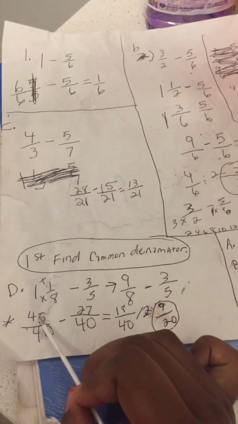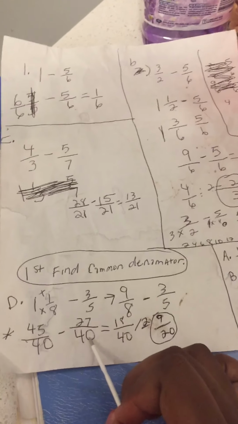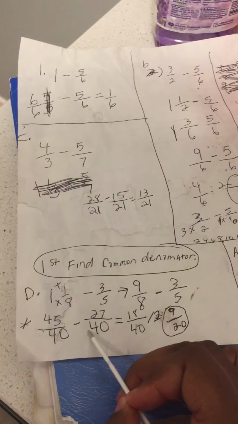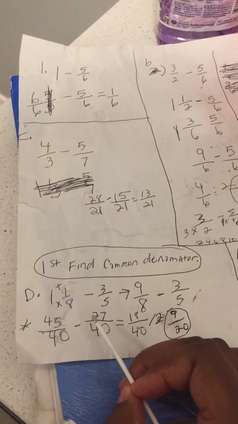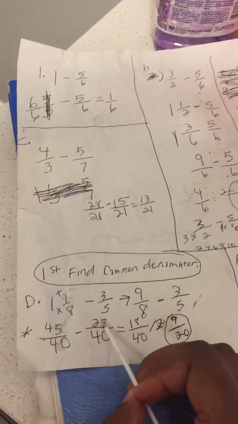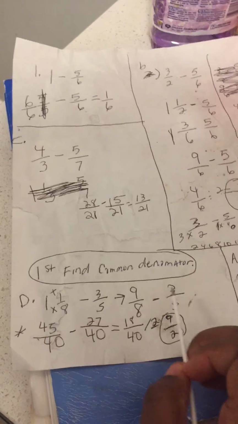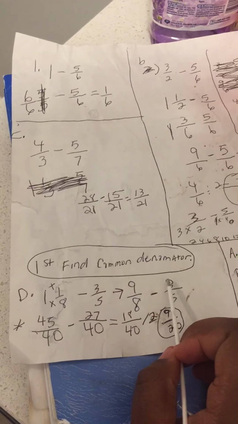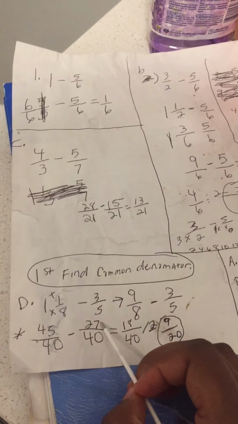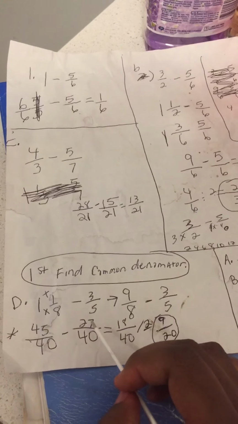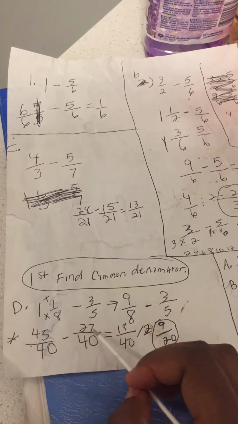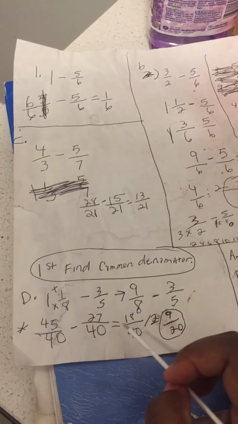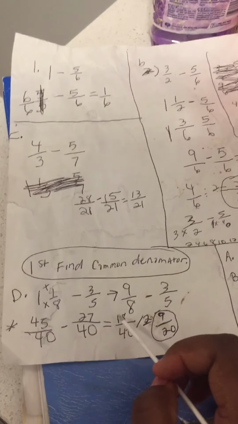It's 45. And how many 5s does it take to get into 40? 8. 8 times 3 is 24. So we put 24 at the top, and then 45 minus 24 is 21. And then we put 40 at the bottom.